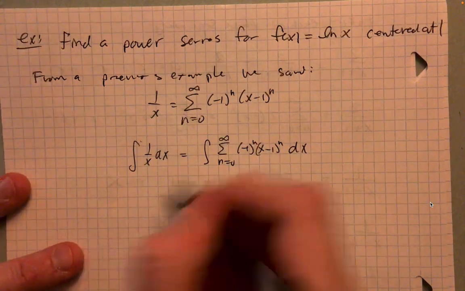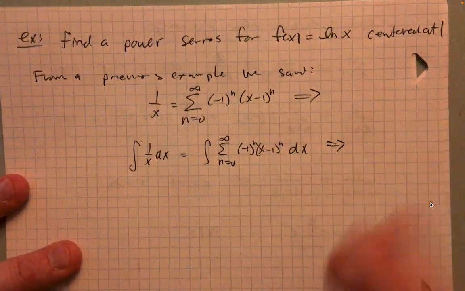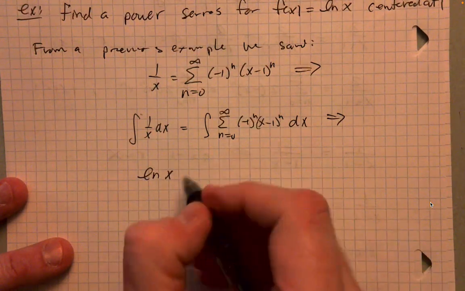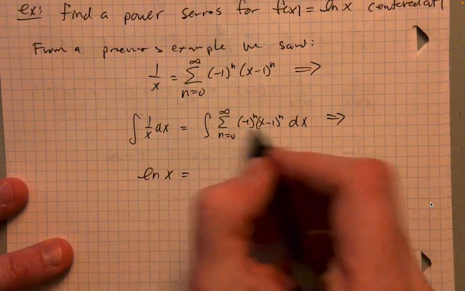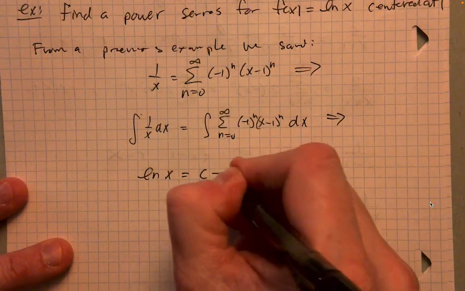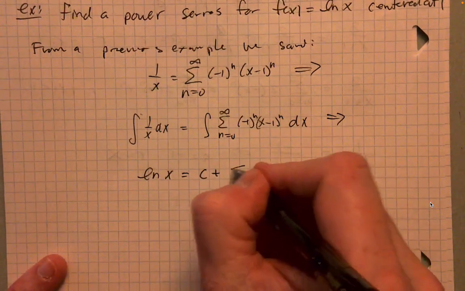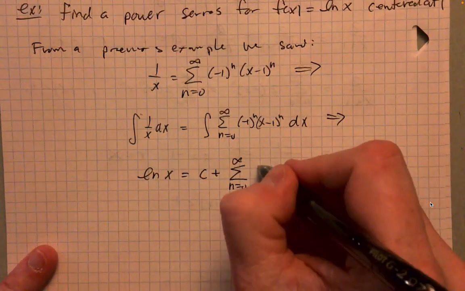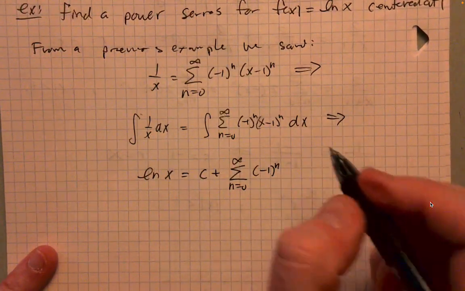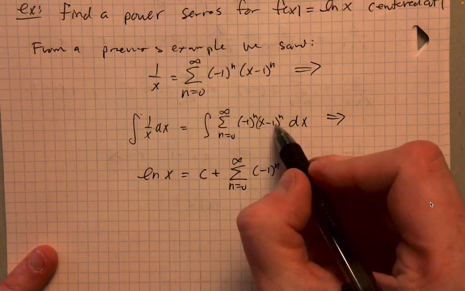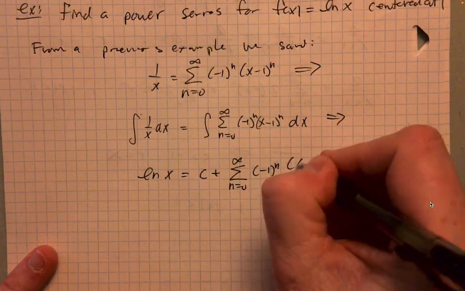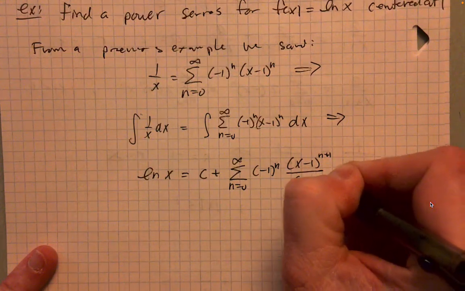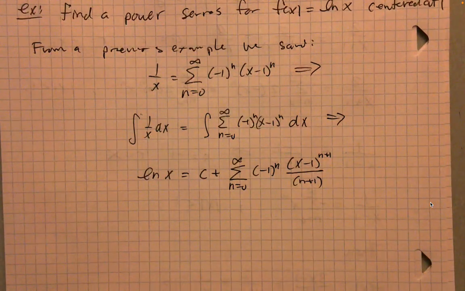Well, on this side we get the natural log of x, and on this side we know how to integrate a power series. We get c plus the sum from n equals 0 up to infinity of negative 1 to the n, times x minus 1 to the n plus 1 power, over n plus 1. Okay, so it looks like that, right?